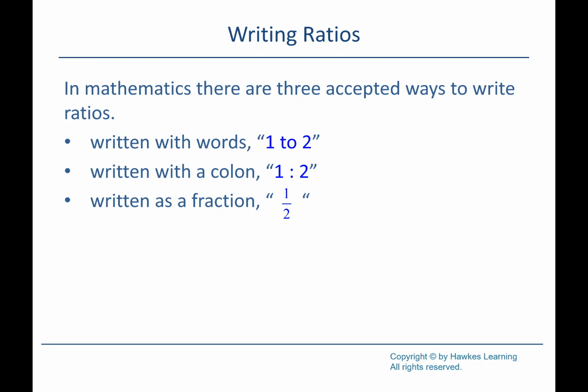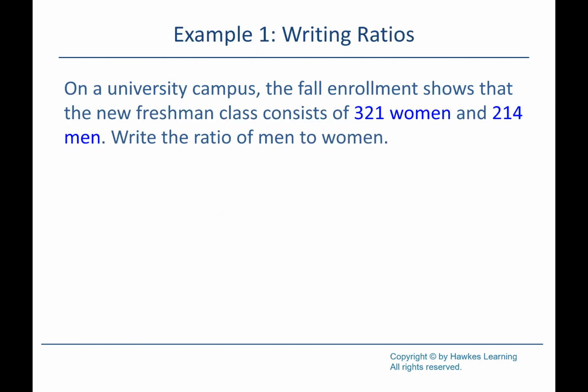All right, so let's write some. I know this is kind of trivial. Okay, we just have to make sure we're writing things in the right order, is really the only thing that we're concerned with here. Okay, so this one says, on a university campus, the fall enrollment shows that the new freshman class consists of 321 women and 214 men. Write the ratio of men to women.